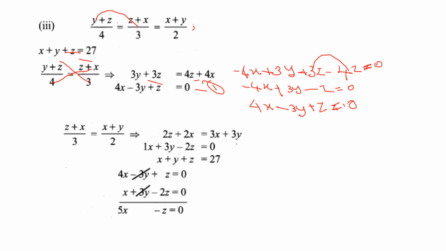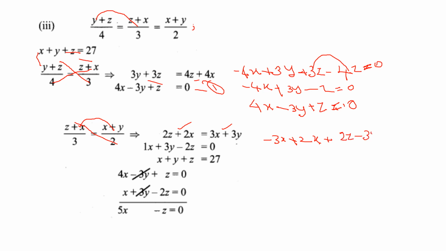Next we take z plus x by 3 equal to x plus y by 2. Cross multiply: 2 into z, 2z, plus 2x equal to 3x plus 3y. Here also, separating the variables on the left hand side, we can write minus 3x plus 2x plus 2z minus 3y.